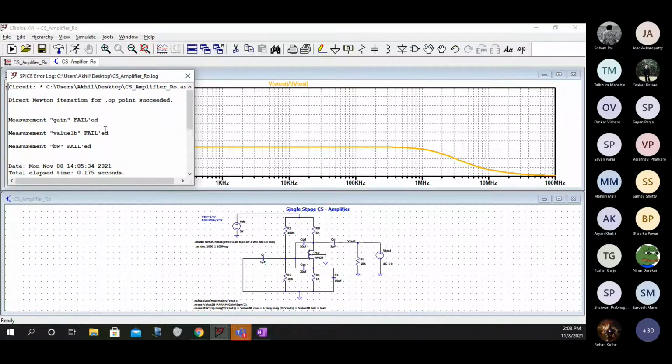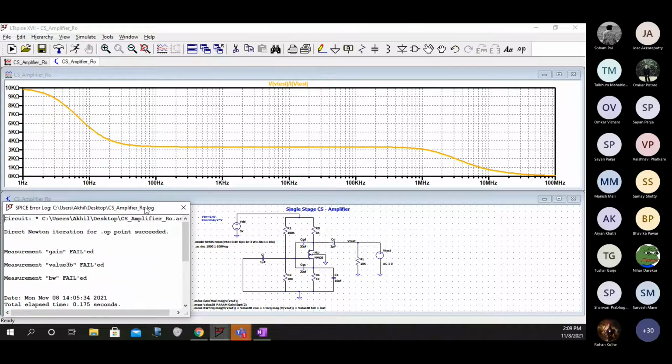That's the reason why all this calculation failed in spite of using the .ac command. So we have seen the high frequency and the low frequency response of the single stage CS amplifier.